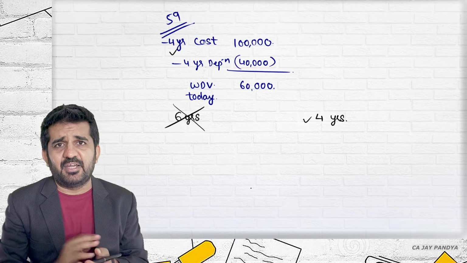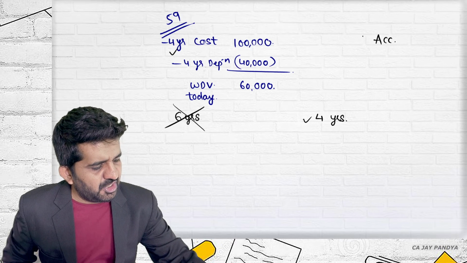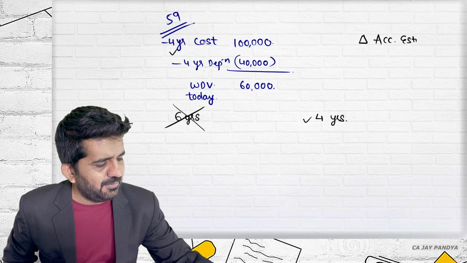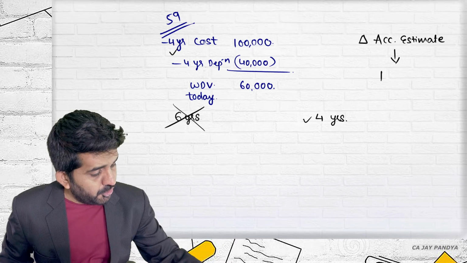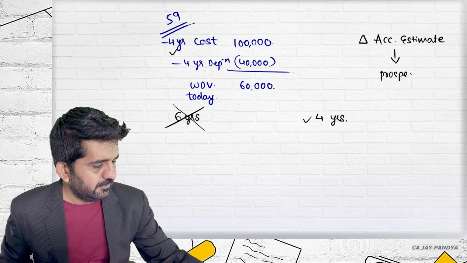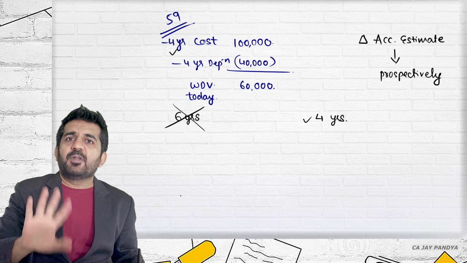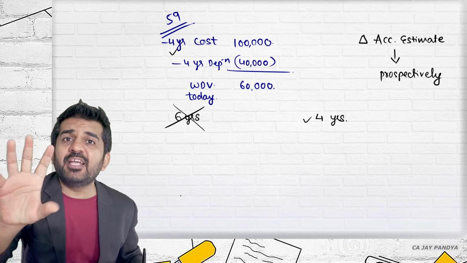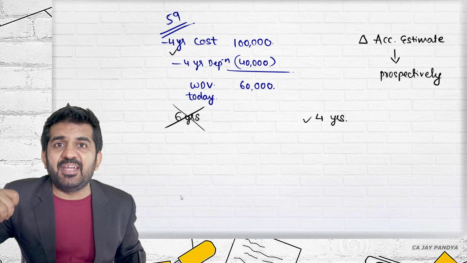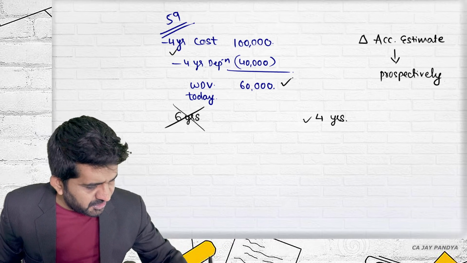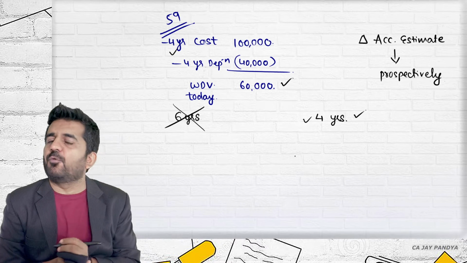Now, try to understand: when you will be learning AS5, they will say that if there is a change in accounting estimate, it should be done prospectively. What does this mean? Forget about the past. Only think about the future. Now, how much cost is pending to be debited into the P&L account? 60,000. As per your new estimate, how many years are pending? 4 years.